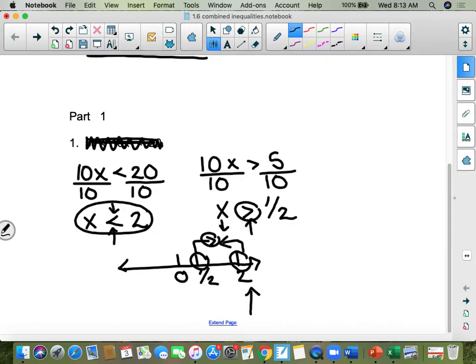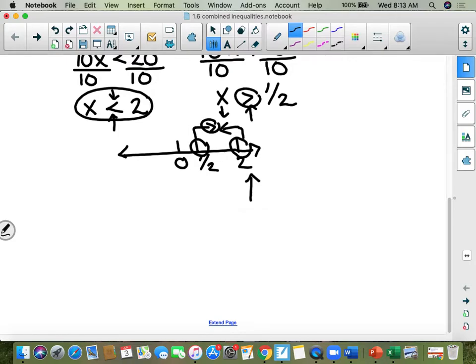So your final answer in interval notation is, if I start from the left and I go towards the answer, I'm gonna have a parenthesis at 1/2 and another parenthesis at 2, because they're both open circles. So the answer is between 1/2 and 2 with parentheses. Parentheses mean open circles.